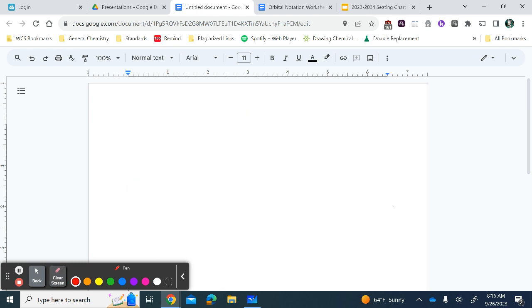We can do another chemical compound, something like NH3. This can be named nitrogen trihydride. Nitrogen trihydride has a nitrogen atom. Nitrogen has 5 valence electrons, so I'm going to give it 5 dots.